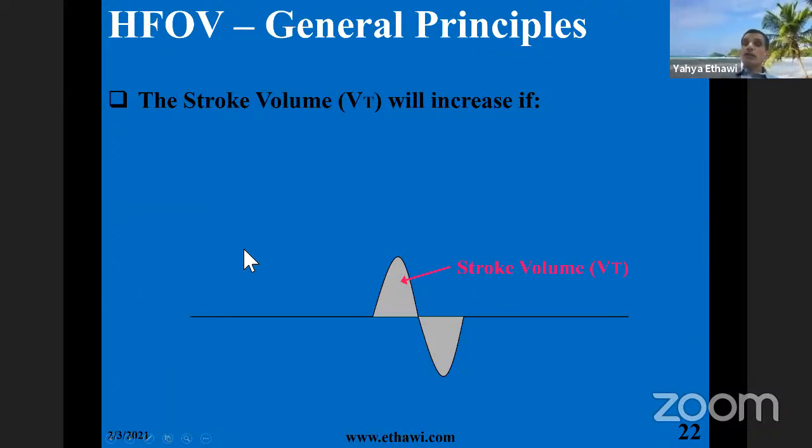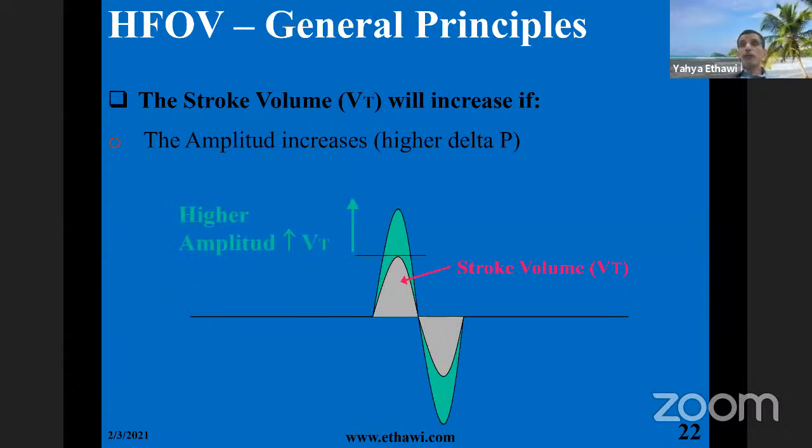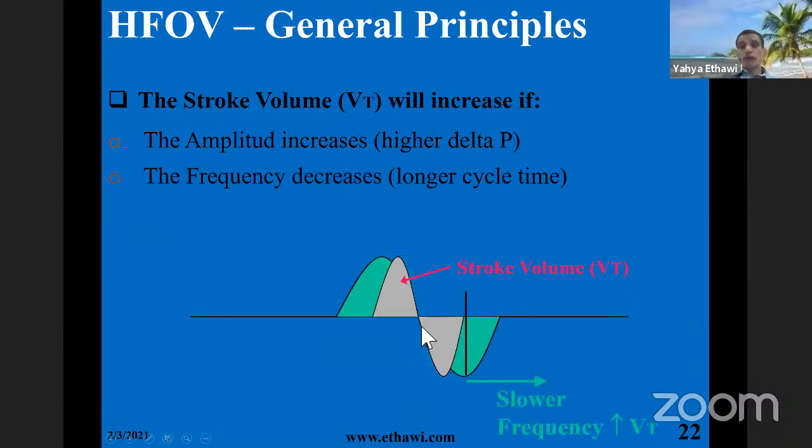So how do we increase the stroke volume in high frequency? First, we can increase the amplitude. So once this is the map, once we increase the amplitude, we get more tidal volume. The second is we decrease the frequency. The lower the frequency, the wider the waves will be, and the more tidal volume.